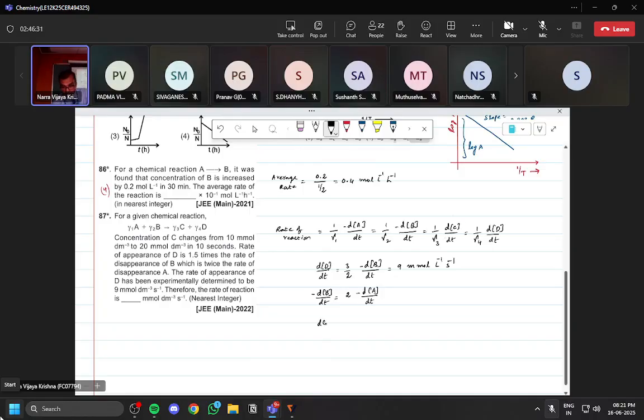What do they give? 10 to 20 means the change is 10 in 10 seconds, means 1 millimole per liter per second. Now you want the rate. What is the rate?